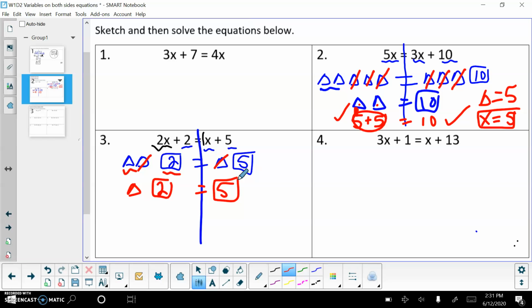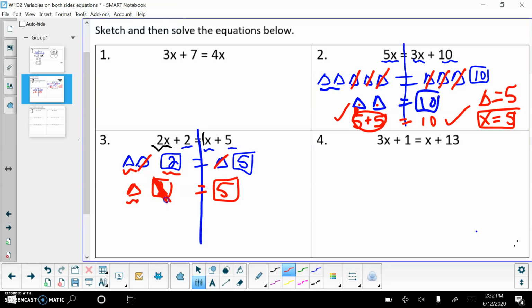Well, I can also take away cubes because I've got them on both sides. So I'm going to go back over here and I always want to try to get my triangle by itself because remember at the end I want to know what a triangle equals. So I want to isolate it. So I always go to the side with the triangle. And I'm going to try to take away that 2 cube.